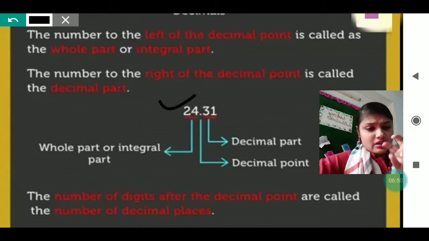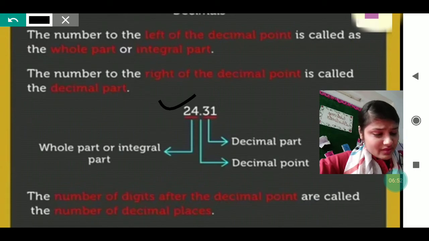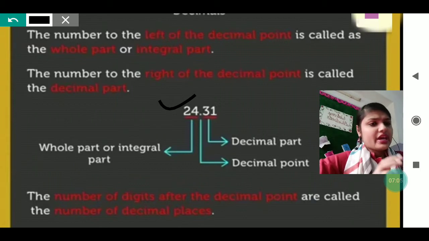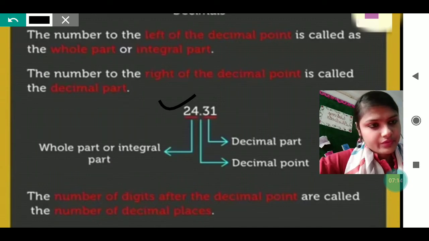So the number of digits after the decimal point are the decimal places. Okay, 3 digits, 2 digits, 4 digits, whatever digits are there after the decimal, not before, are called decimal places.